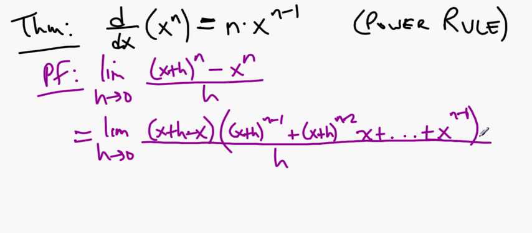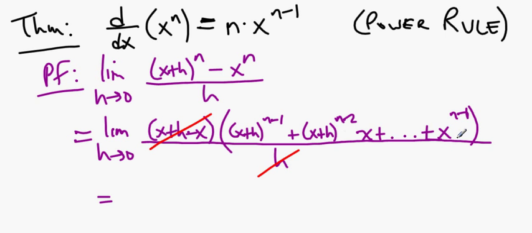So what happens? Well, firstly, this is h and this is h, so they drop out. Secondly, we let h get small, and as we let h get small, this is basically x to the n minus 1. This is basically x to the n minus 2 times x to the 1. Wait, that's x to the n minus 1.